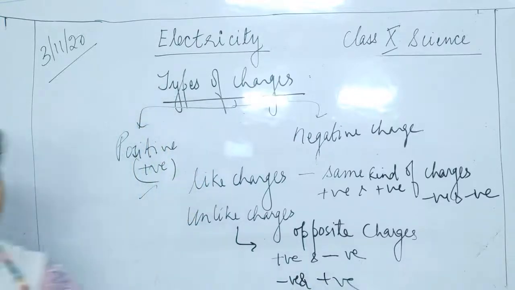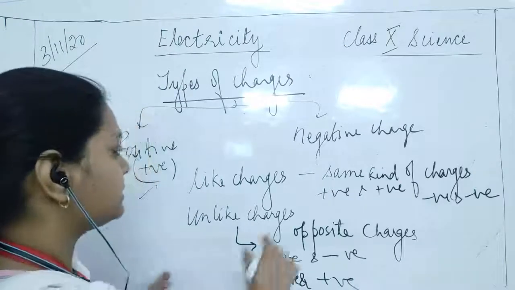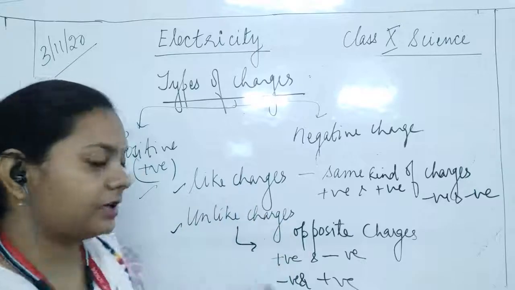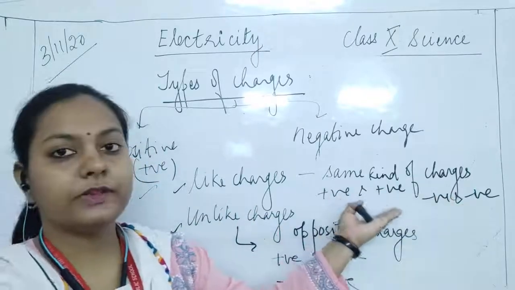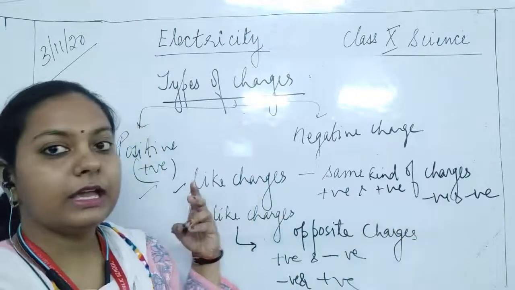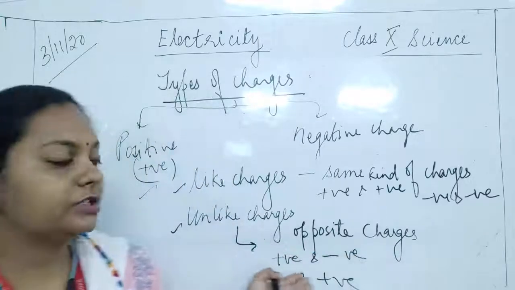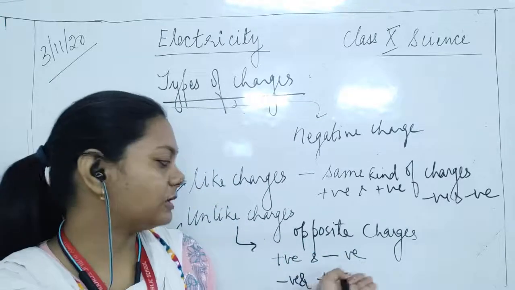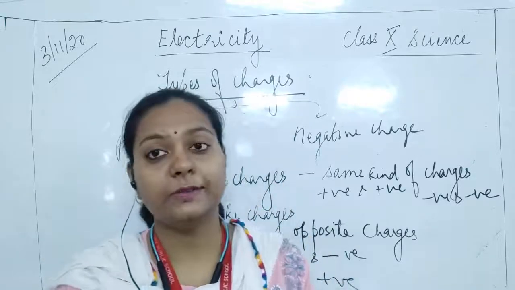Now, if we have to study the behavior of the two charges, we have to understand the meaning of like and unlike. So we have understood same kind of charges: positive and positive becomes the same kind of charge and is said to be like charges. Unlike charges means opposite charges, negative and positive or positive and negative. In both cases we have seen that different types of charges are there.